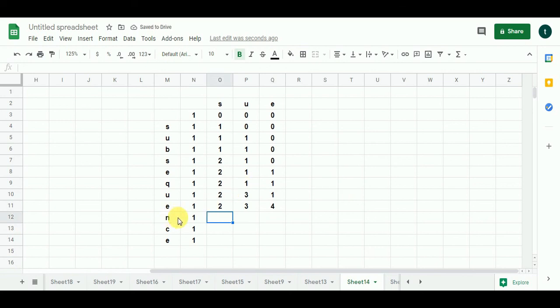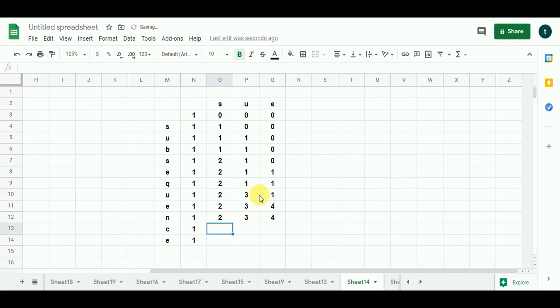Now let's calculate the value of the cells of this row. So we have N, which doesn't match with S, so I'll be getting 2. Now over here N doesn't match with U, so I'm going to get 3. And N doesn't match with E, so I'm going to get 4.